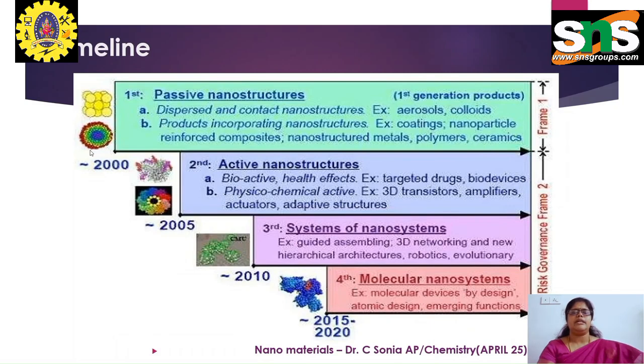So when we see the timeline of the nanomaterials, first generation products are up to 2000.